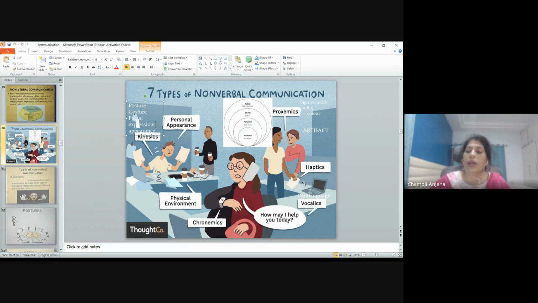All those things are aspects of paralanguage, and this will make the information very, very influential and very, very impactful. Your emotions, your feelings can be easily understood by the way you speak. So the how aspect, the paralanguage, will help you to express your feelings and your emotions.